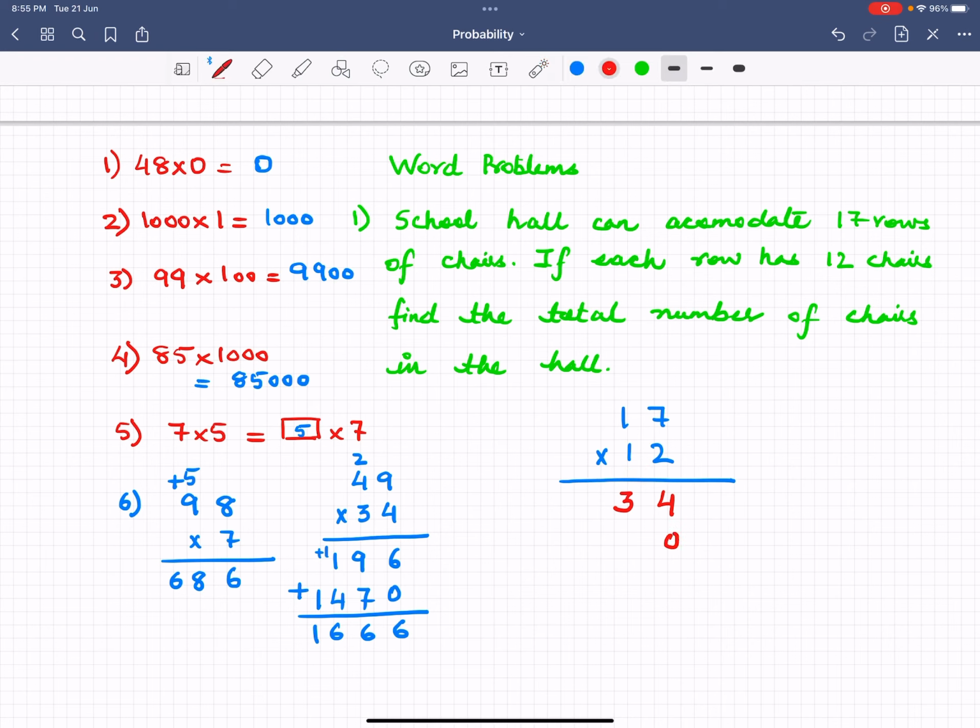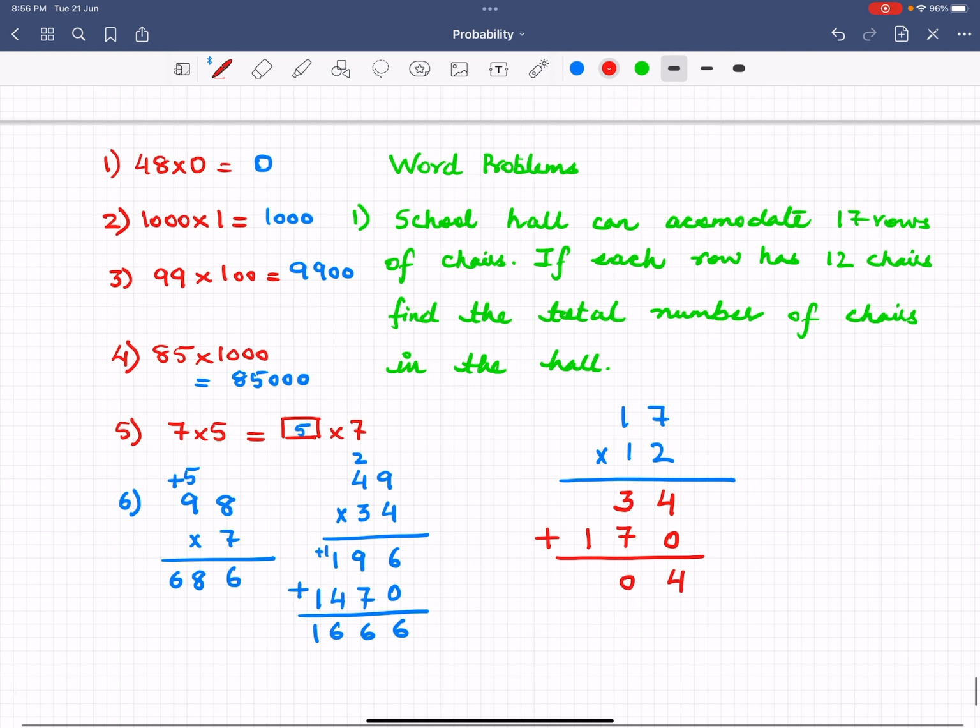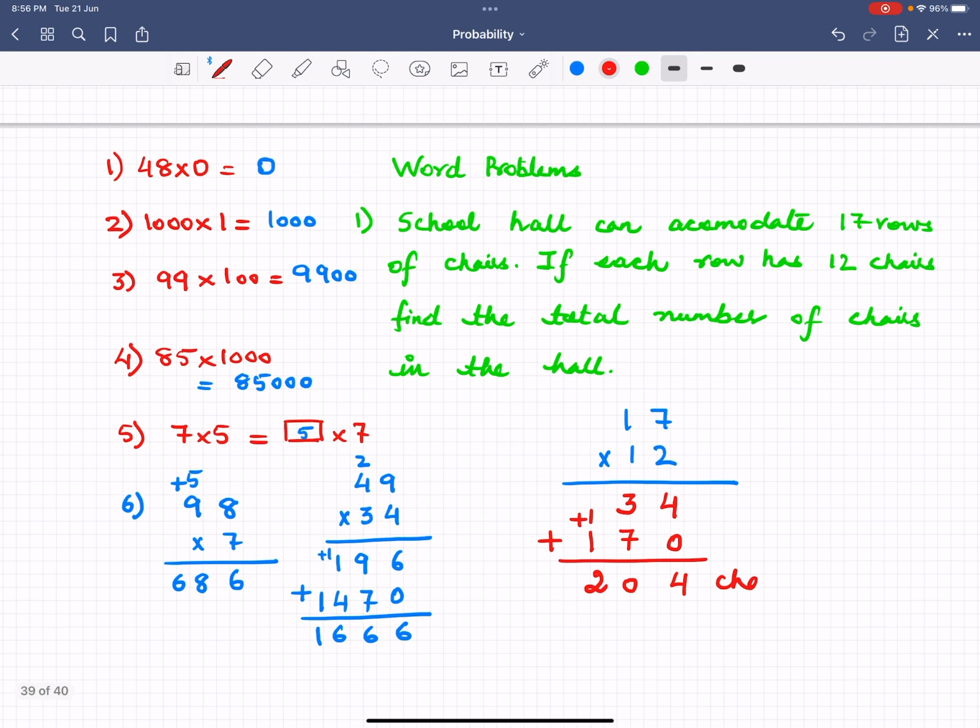Then we have 1 times 7 and then 1 times 1. 1 times 7 is 7 and 1 times 1 is 1. We add the two rows. So our answer is 4 plus 0, 4. 3 plus 7, 10. Add 1, 204. Therefore, there are 204 chairs in the hall.